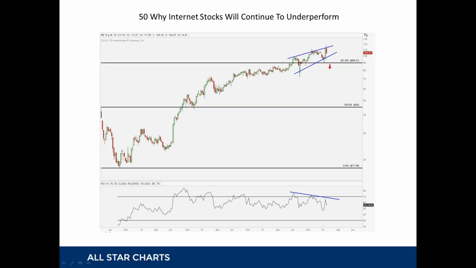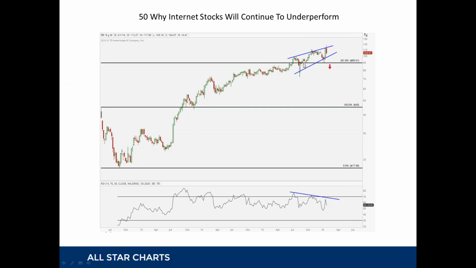As we can see here, last summer, we achieved the 261.8% extension of the initial correction after the IPO. If you recall, it dropped down under 20 immediately after it went public and then exploded after that, and the rest, they say, is history.